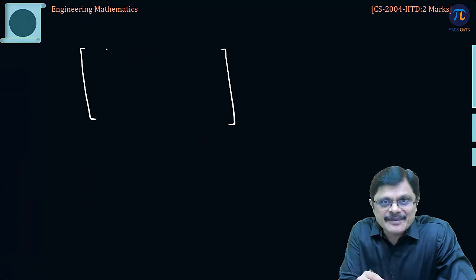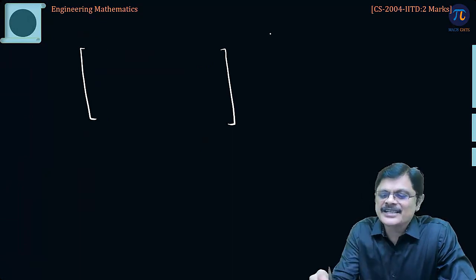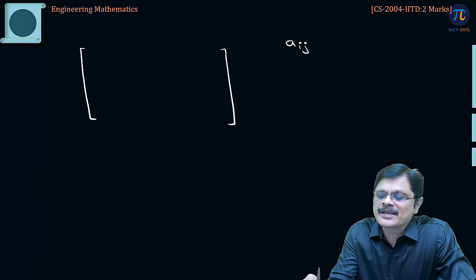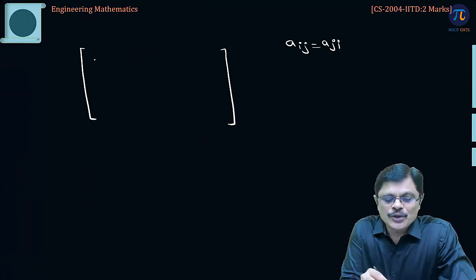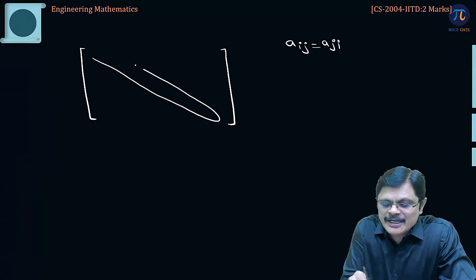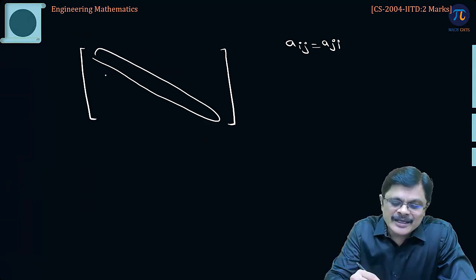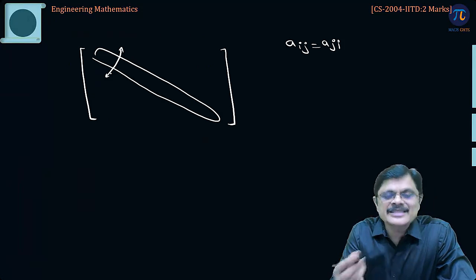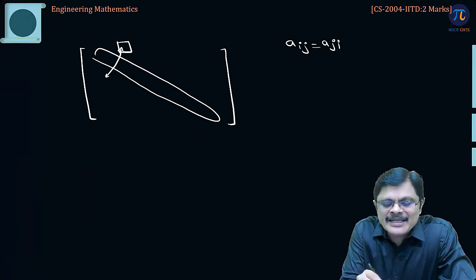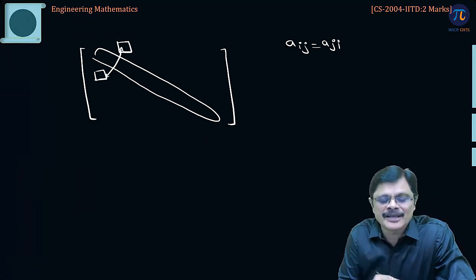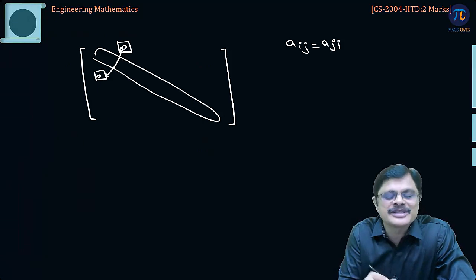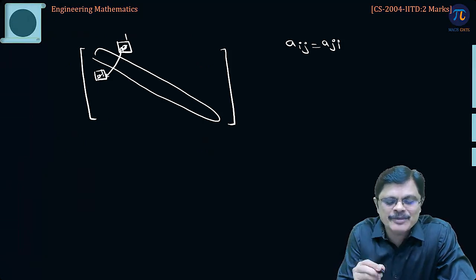For a symmetric matrix, the condition is Aij must be equal to Aji. So, about the main diagonal, the mirror images are the same. Whatever element is here, the same element has to be filled here. If you fill 0, it has to be 0. If you fill 1, it has to be 1.